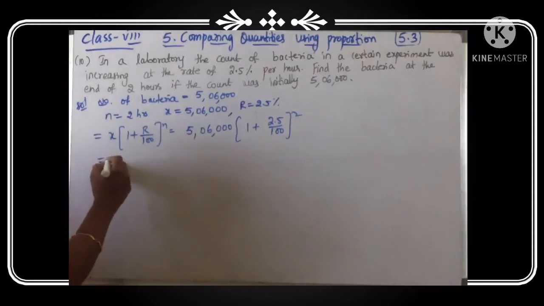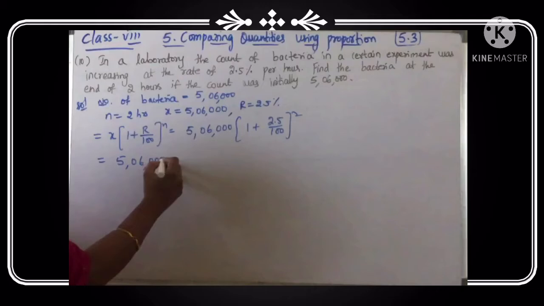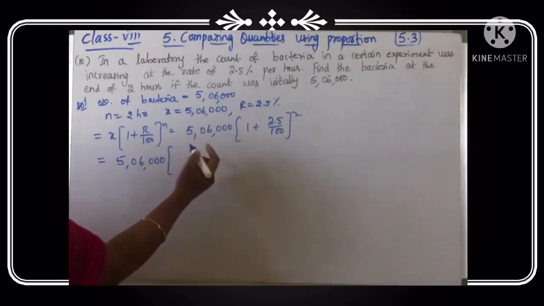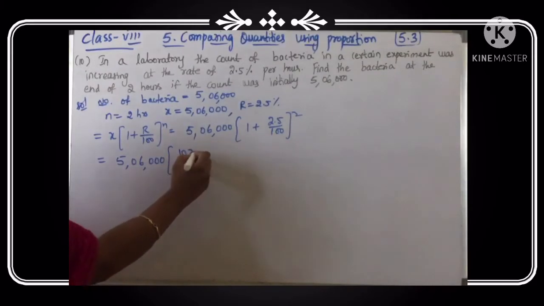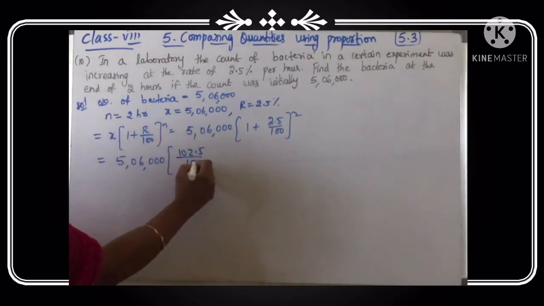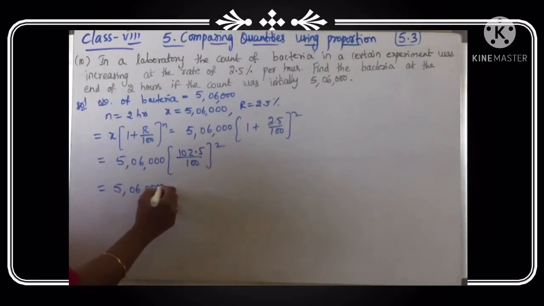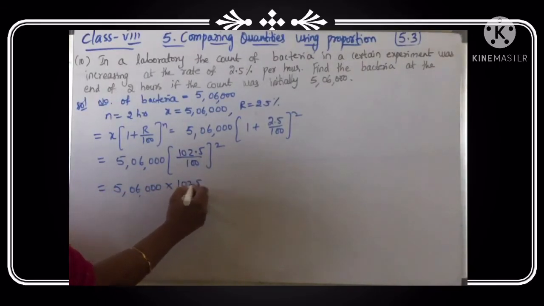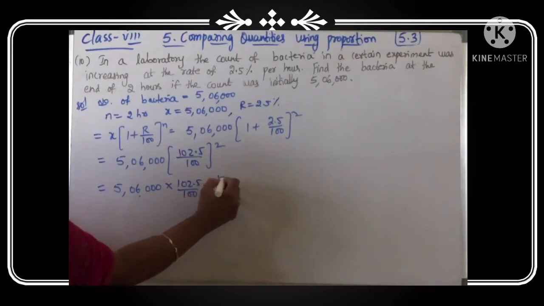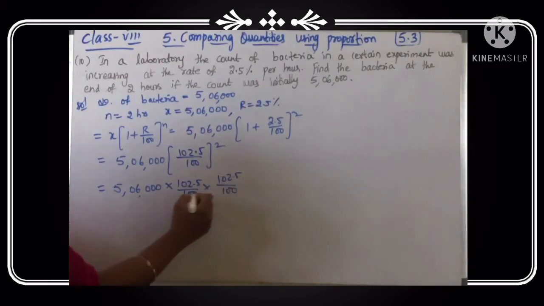Okay. Now when you calculate, 5,06,000 into, here 100 is the LCM, so 100 plus 2.5, 102.5 by 100 whole square. So here 5,06,000 into 102.5 by 100 into 102.5 by 100. The zeros get cancelled, and one more zero gets cancelled.